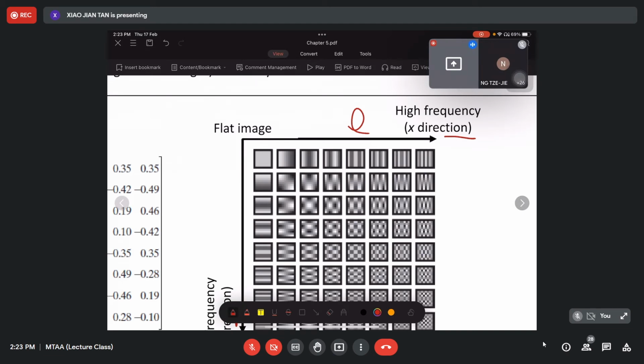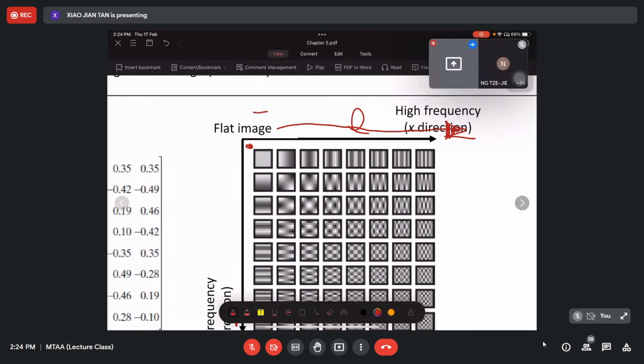So the one in the top left corner is the flat image. What is a flat image? It means no changes in intensity, a flat color, where you only have one fixed color. When going towards the x direction, you will find that the frequency is increasing.